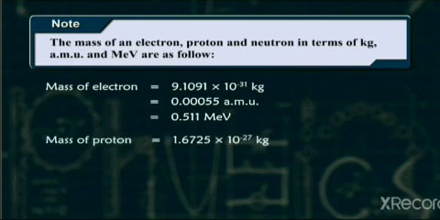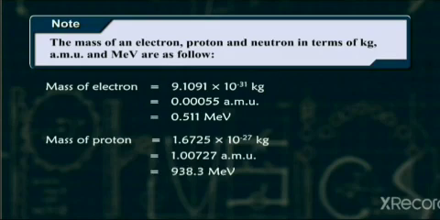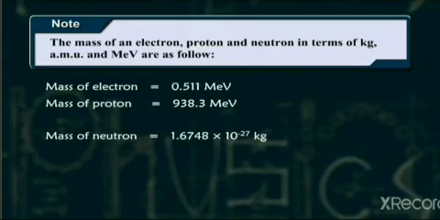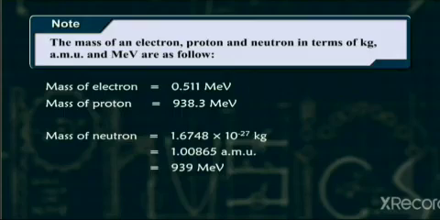Mass of proton = 1.6725 × 10^-27 kg = 1.00727 AMU = 938.3 mega electron volt. Mass of neutron = 1.6748 × 10^-27 kg = 1.00865 AMU = 939 mega electron volt.